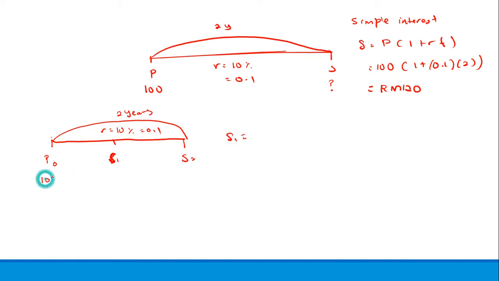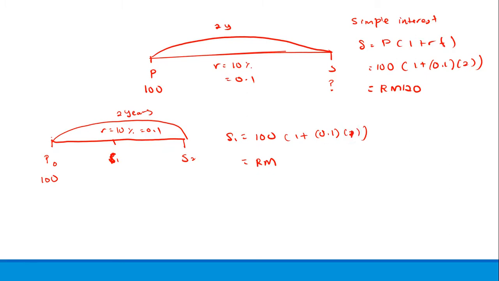For the initial 100, times 1 plus 0.1 times 1 year.